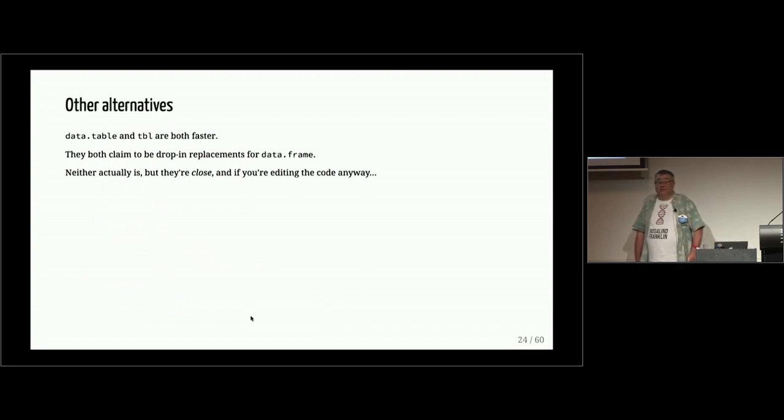There are, of course, other alternatives to data frames. There are tibbles and there's the data.table package. And they're both faster than the base data frames. They both claim they're compatible. This isn't true. Neither of them is actually compatible. But they're not very different. And if you have to rewrite your code anyway, a useful step is maybe to rewrite it as a data table first and see if that's good enough.